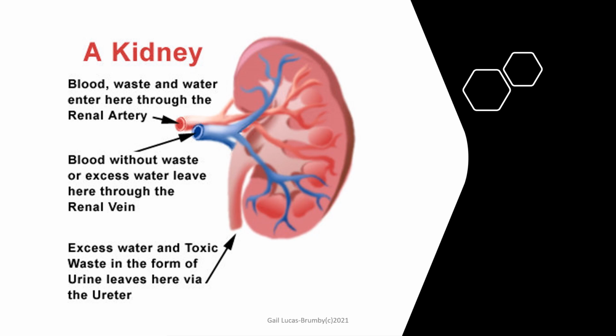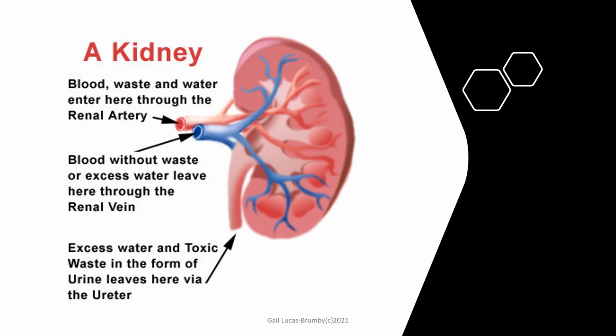Excess water and toxic waste in the form of urine leave via the ureter, and we can see there the pink tube, the same colour as the kidney, going down the length of the kidney is the ureter, and that's going to have collected the urine that we don't need, which needs to be excreted from the body.